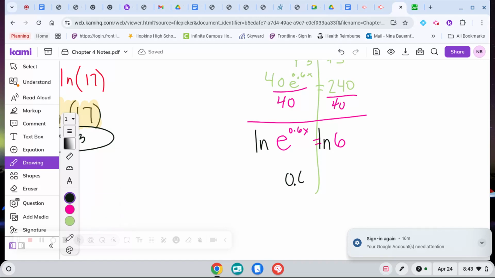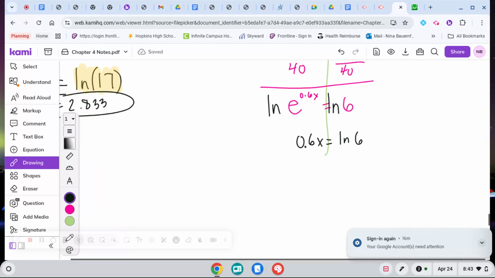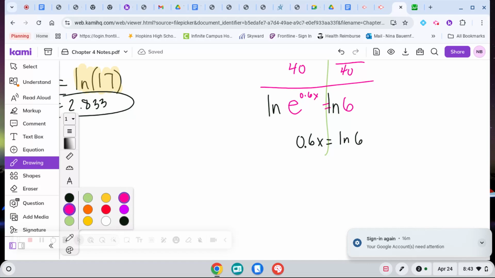Give myself a little space. 0.6x equals the natural log of 6. I don't want to look at a decimal, so I'm just going to leave it as natural log 6 for the rest of this calculation. X is almost by itself, but we have this decimal, so we just divide by 0.6.